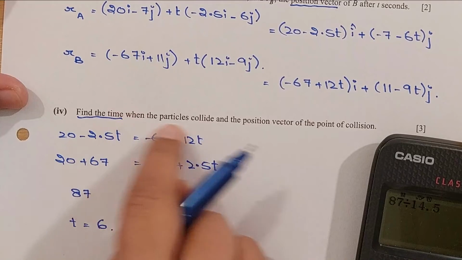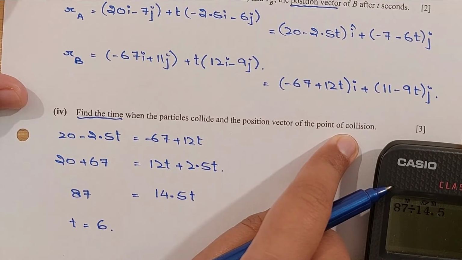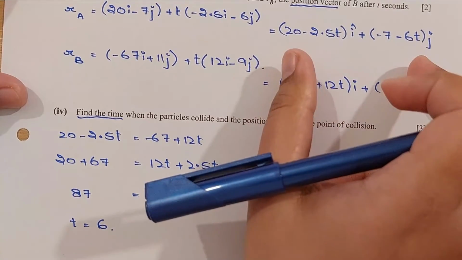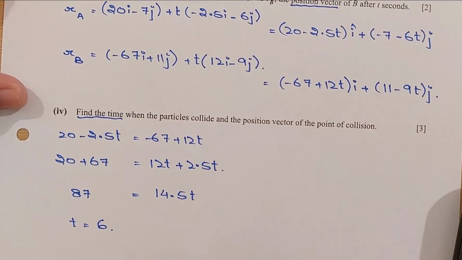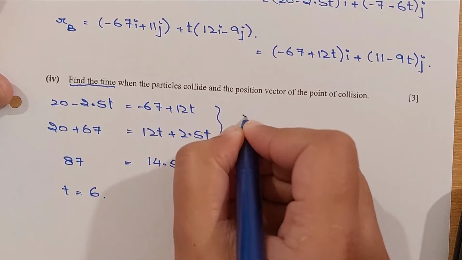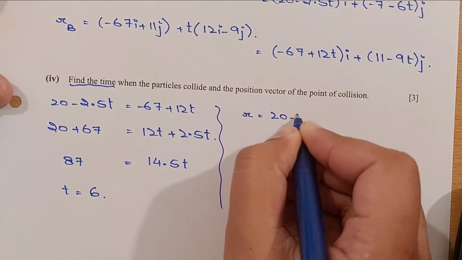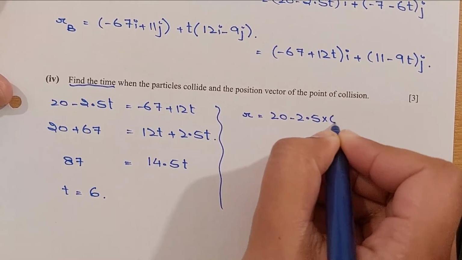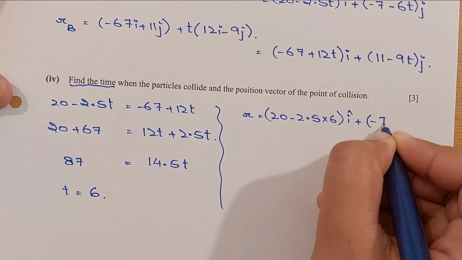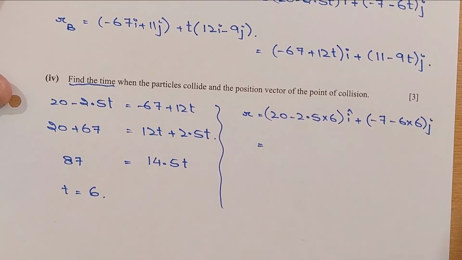So the time when the particles collide is 6, and now we have to find the position vector of collision as well. We can put t equals 6 in the position vector of A or in the position vector of B. We will get the same position vector. So the position vector r is, putting t over here, 20 minus 2.5 times 6 as the i component, plus minus 7 minus 6 times 6 as the j component.